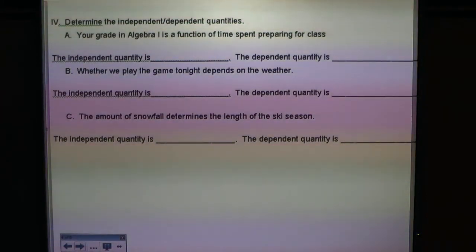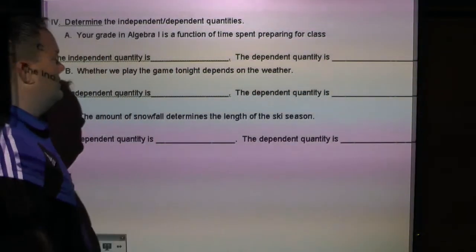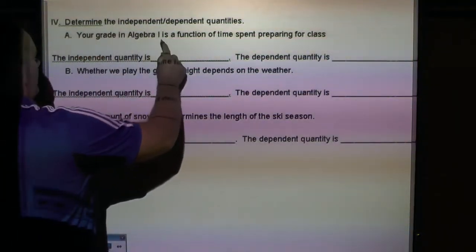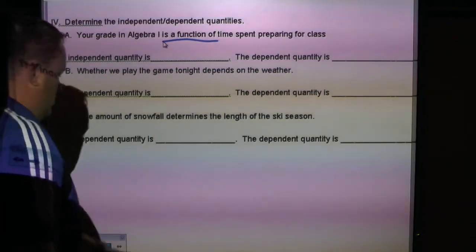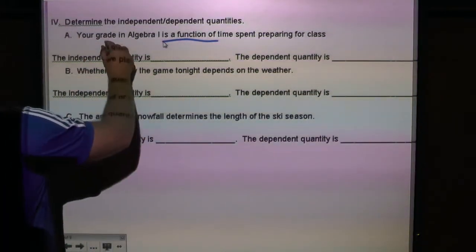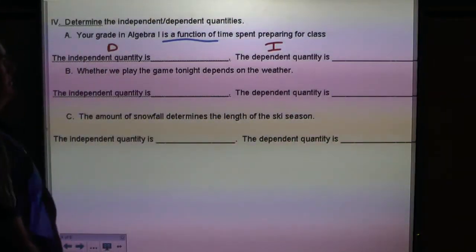When determining the independent and dependent quantities, what I like to do is underline a few things. First thing is I underline the key phrase. When you look at this statement, your grade in Algebra 1 is a function of the time spent preparing for class. If you see that phrase is a function of, you will know that the dependent quantity will come first, the independent quantity will come second.